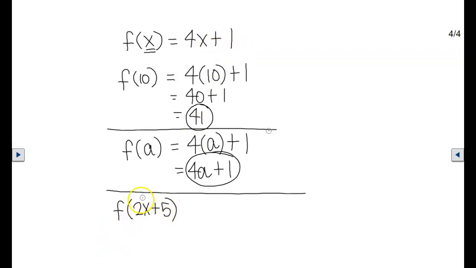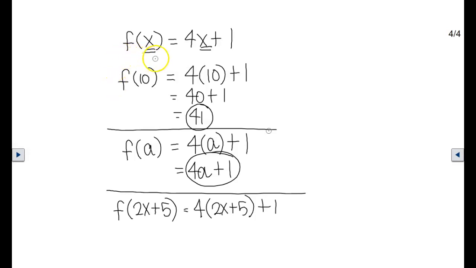This is what they want me to put in place of this x. So instead of 4 times x plus 1, I'll do 4 times 2x plus 5 plus 1. So whatever you see inside those parentheses, I don't care how complicated it is, that's what you plug in for x in the original function's rule.